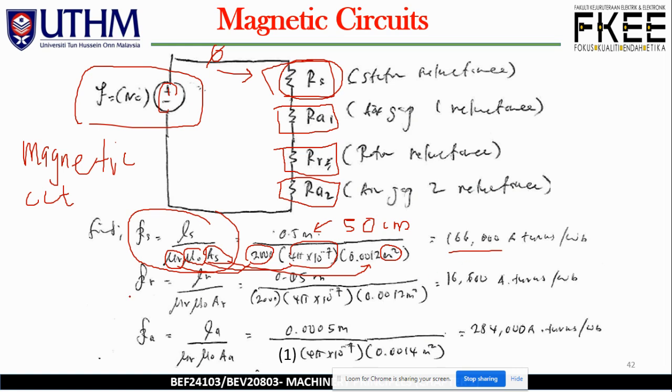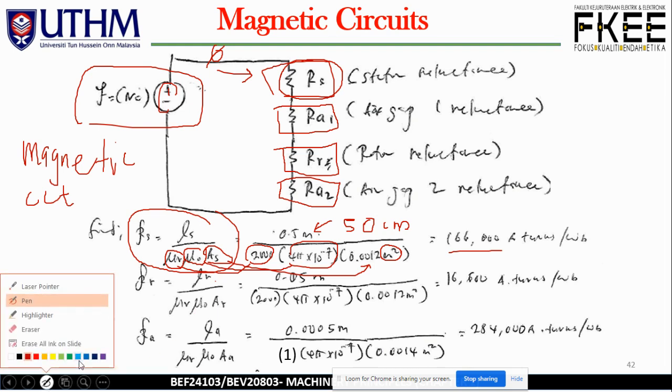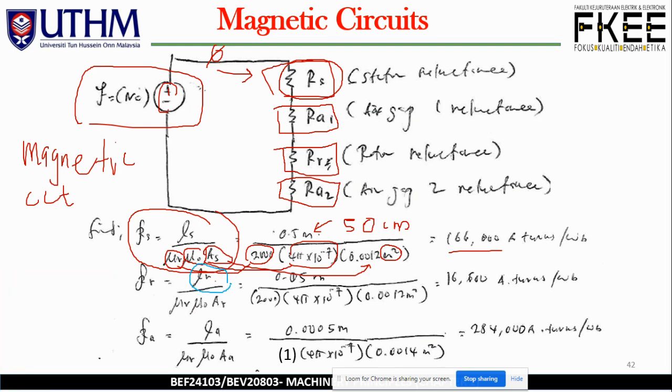Next, the rotor reluctance Rr. We have Lr over here, the mean flux length of the rotor. We have mu r, the relative permeability, mu naught, as well as Ar.